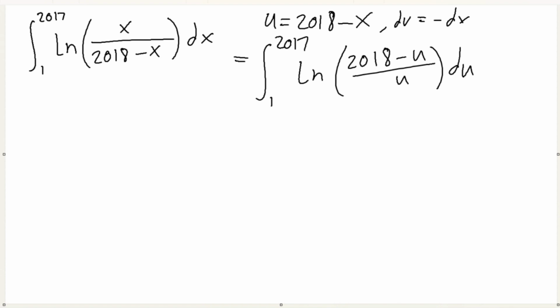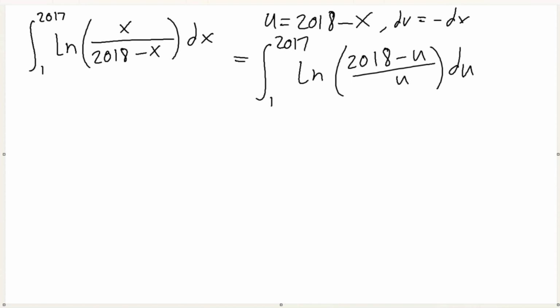What do we do now? So I'm throwing this integral at you because, like I said, I need you to get very comfortable with interchanging variables, as well as learning to add integrals to itself.